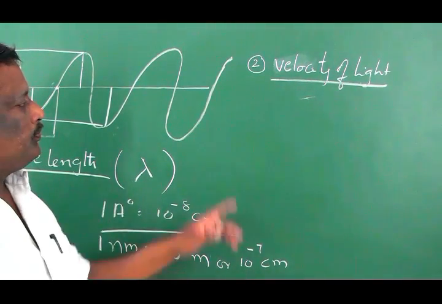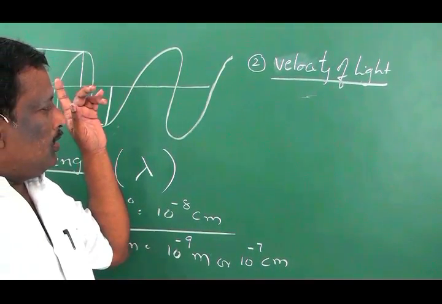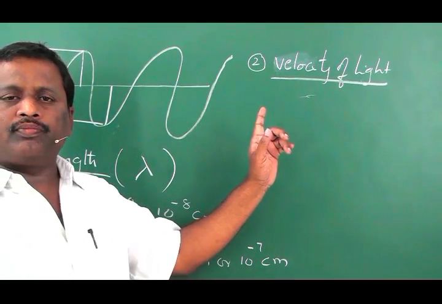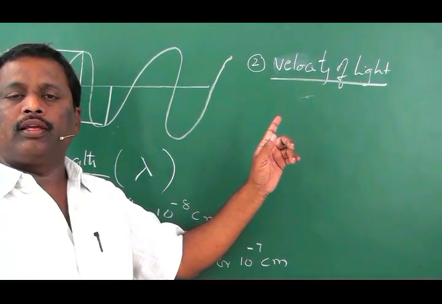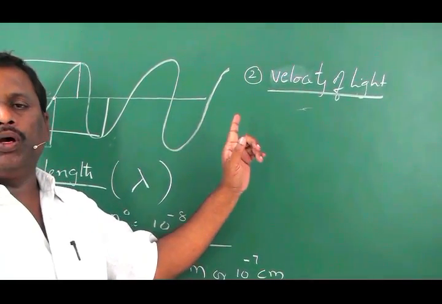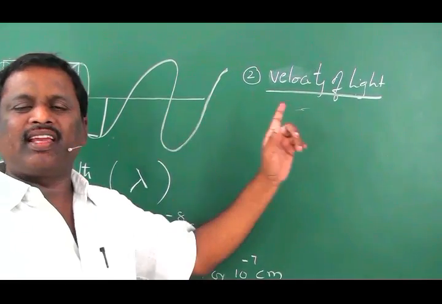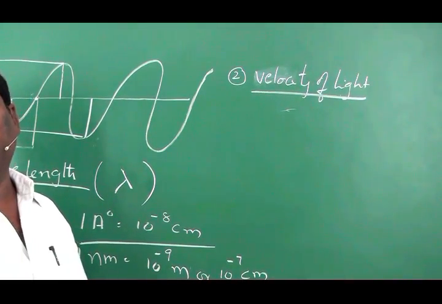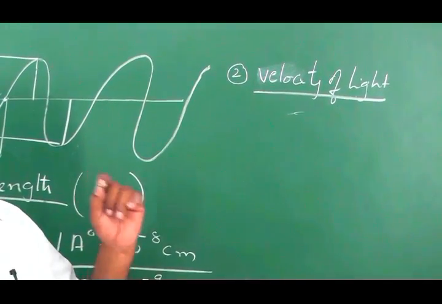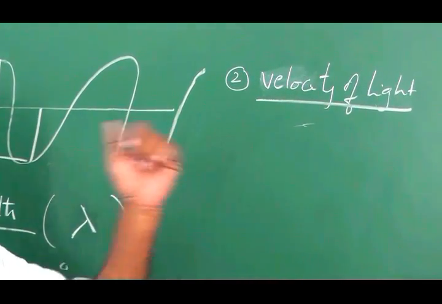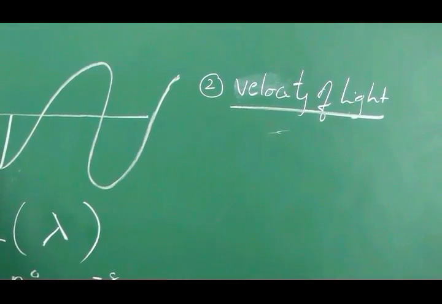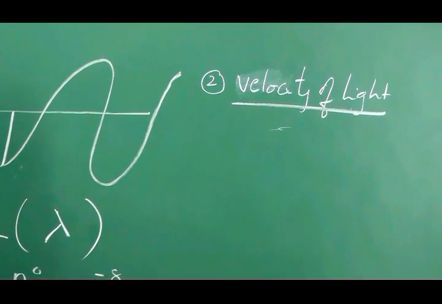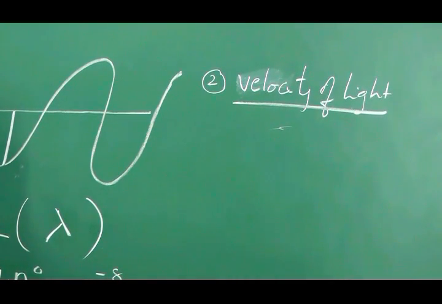Velocity of light means the distance that was traveled by a wave in 1 second is said to be velocity of light.